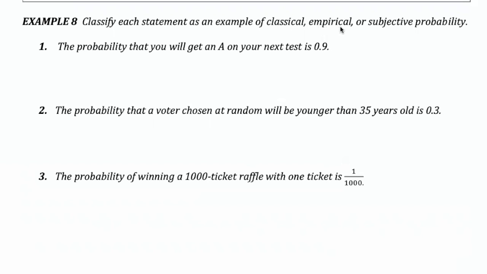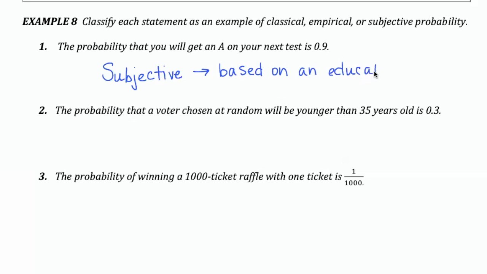To be empirical probability, it would need to be based on some sort of data that you have collected, which isn't mentioned here, so probably not that. It's more likely a case of subjective probability. So this one is subjective, based on an educated guess.